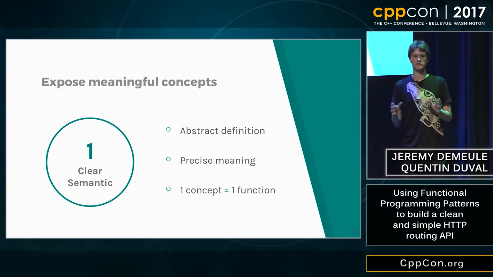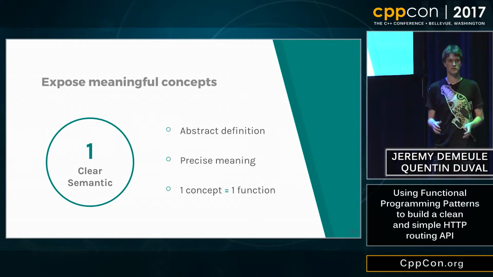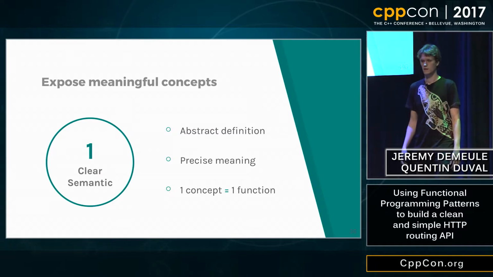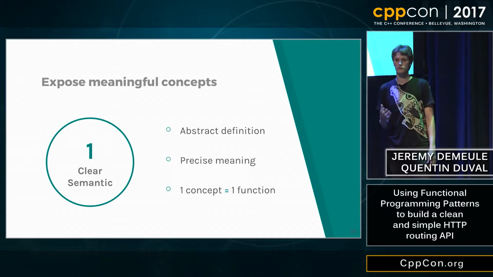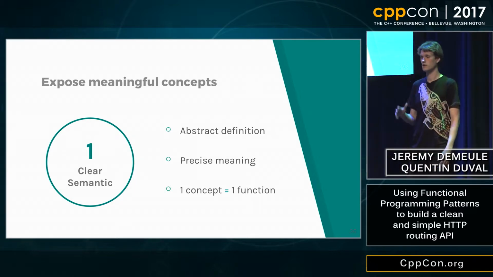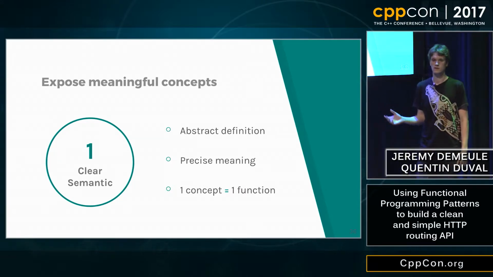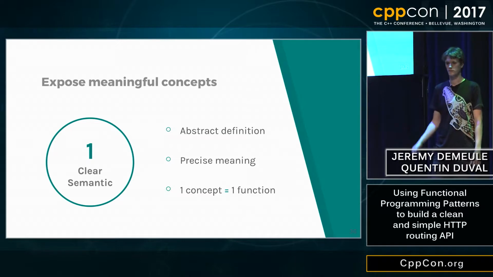We want to define something that points right to the essence of the concept that we expose and gets rid of all the implementation details that we don't care about. The way we're going to do this, we're going to use a simple trick from functional programming. We're going to use pure functions. So for each concept, we are going to associate a pure function that represents the meaning of this concept.